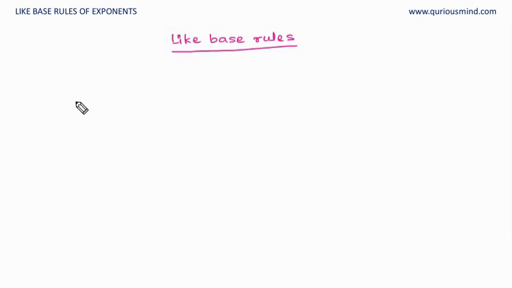Let's take one example. I want to do a raised to 2 multiplied by a raised to 3. Now how do we represent a raised to 2? We represent it as a into a, a multiplied with itself 2 times. And how do we represent a raised to 3? We represent it as a into a into a, multiplied with itself 3 times.